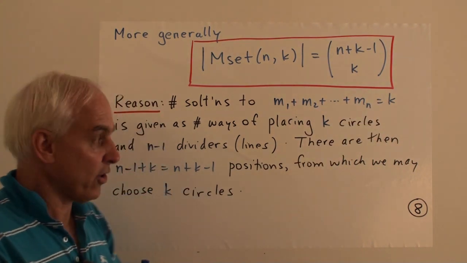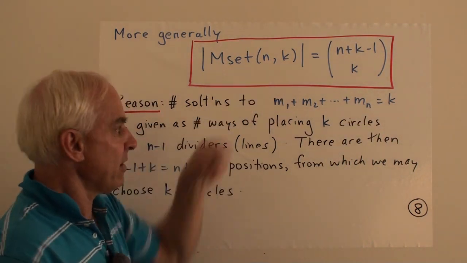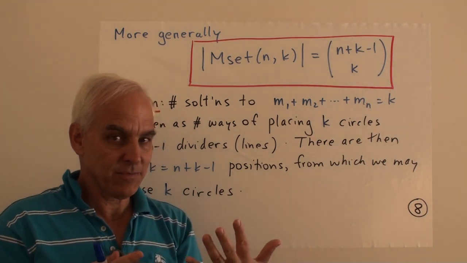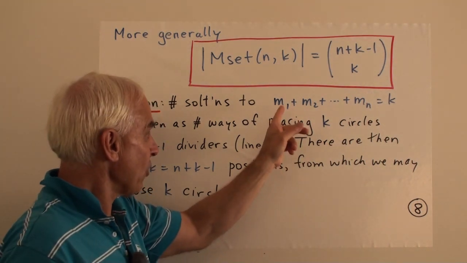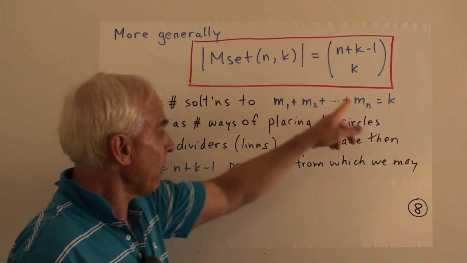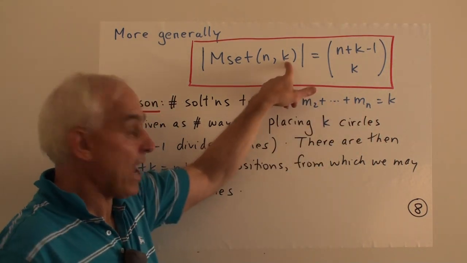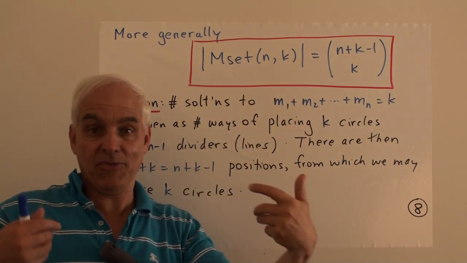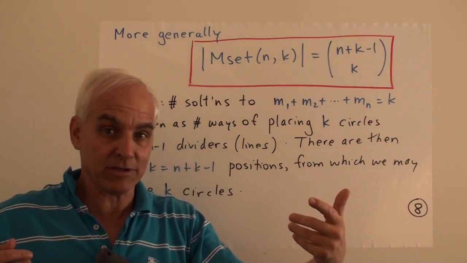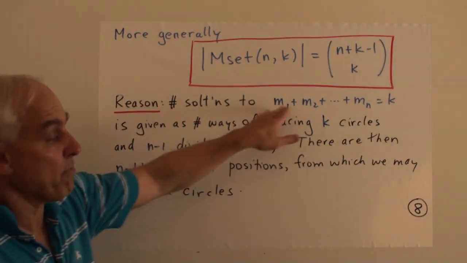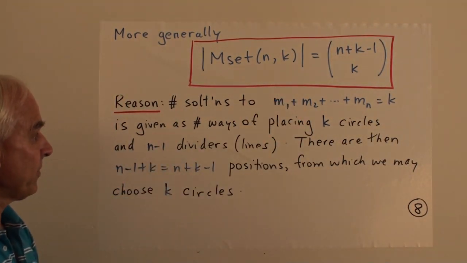We're assuming that there are n possible numbers that can be ingredients. So the multiplicities go from the multiplicity of 1 all the way up to a multiplicity of n. And we've said that there are going to be k objects in this multiset altogether, so the total number of multiplicities have to add up to k. And they all have to be greater than or equal to 0.